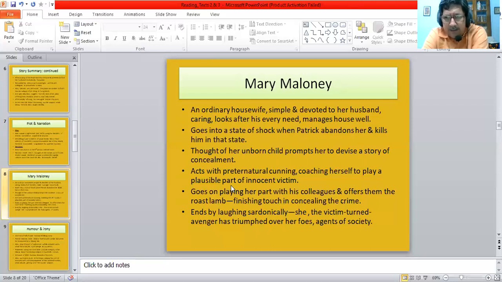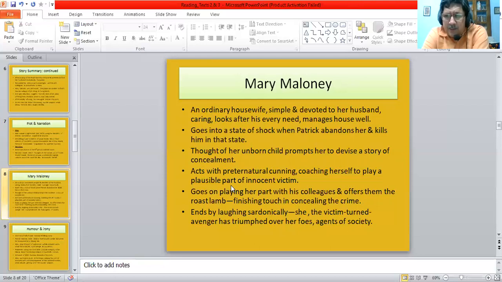And being a policeman's wife, she is no stranger to what sort of penalty she's going to face. Now, the thought of herself, and actually rather more than herself, it is her unborn child that prompts her to devise this entire story of a burglary at the house and her husband being killed by unknown assailants while she goes out shopping.